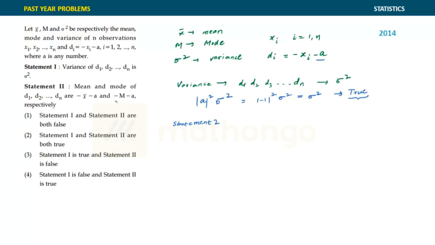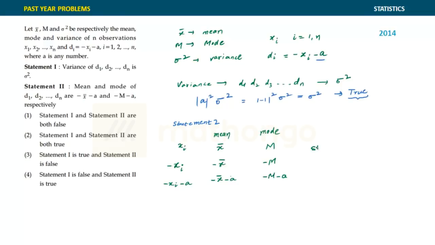Mean and mode are this and this respectively. If the mean was x bar and the mode was capital M, I just taught you that whatever you do to the observations, for example if you do minus xi, the mean will be minus x bar and the mode will similarly become minus M, and if you subtract a from them, they will also change, like minus x bar minus a and minus M minus a.